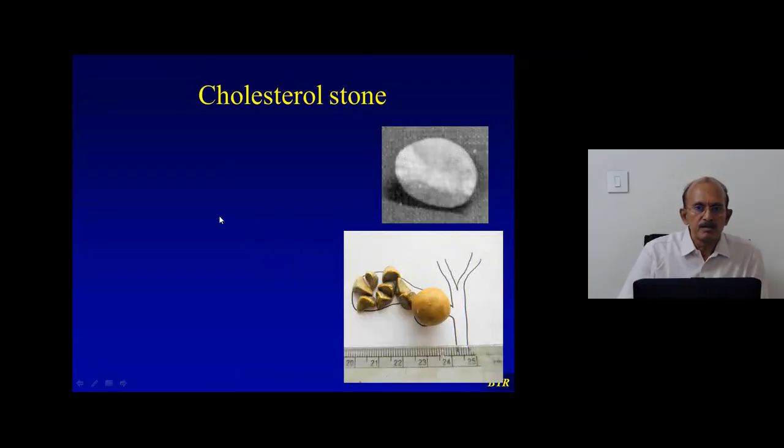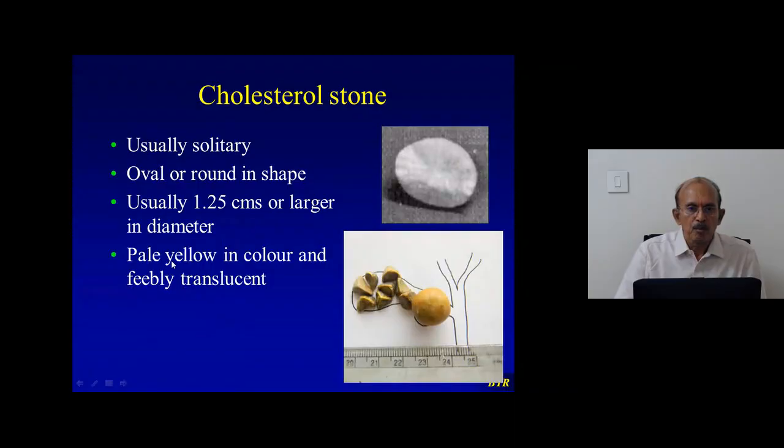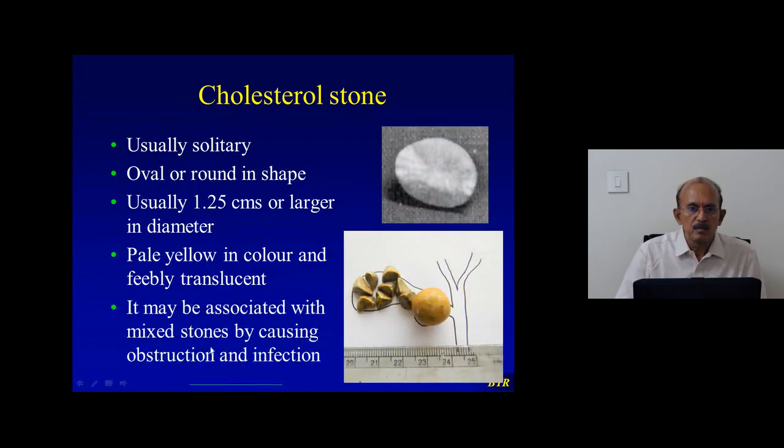Cholesterol stone, usually solitary, oval or round in shape, usually 1.25 centimeters or larger in diameter, pale yellow in color and feebly translucent. It may be associated with mixed stones by causing obstruction and infection.